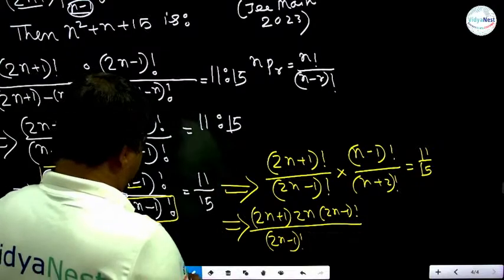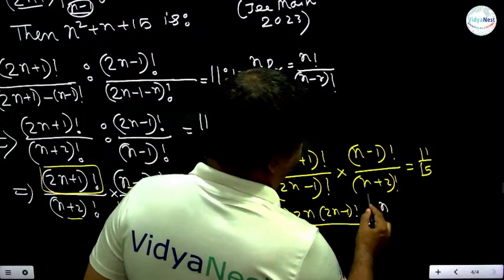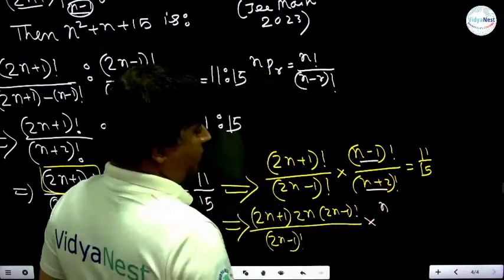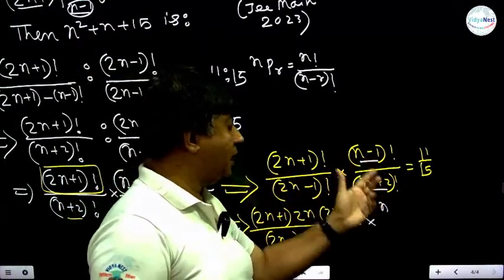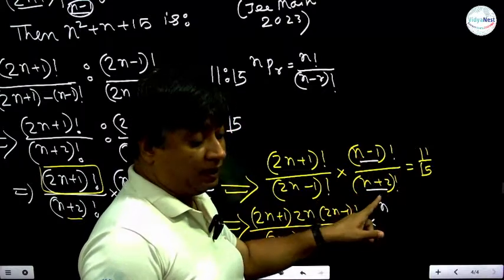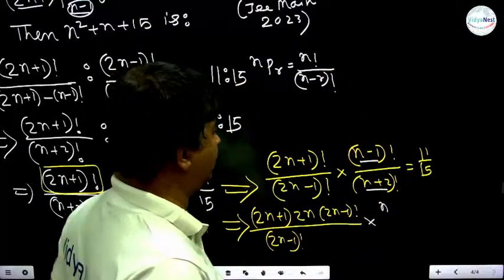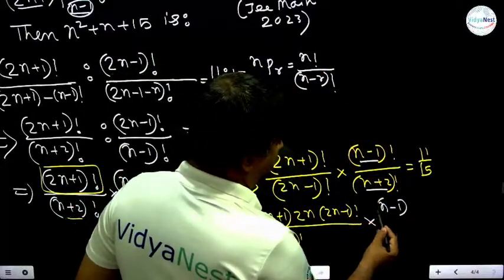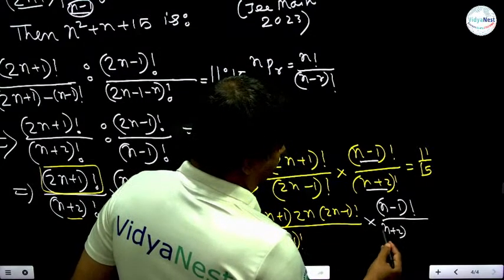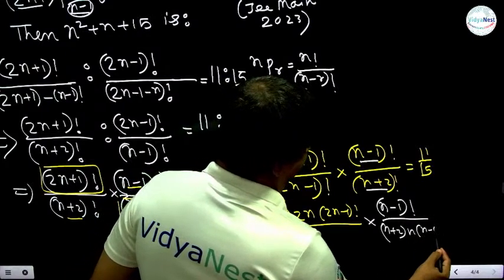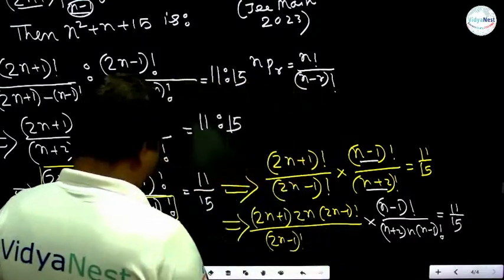And here n plus 2 is bigger than n minus 1. So I will not bring any change here. I will factorize the denominator part in this case and diminish the factor to this stage. You see, n plus 2, n, n minus 1 factorial. So what can I cancel?